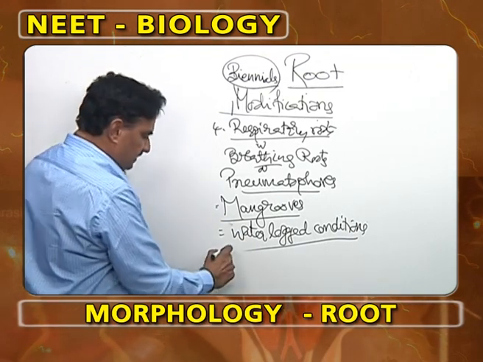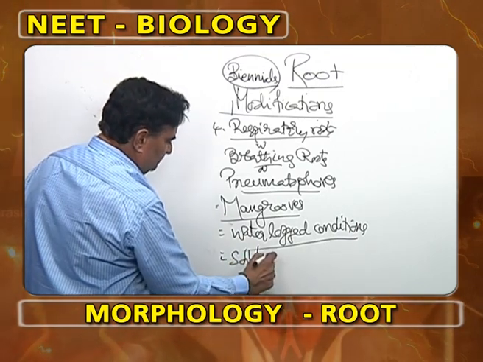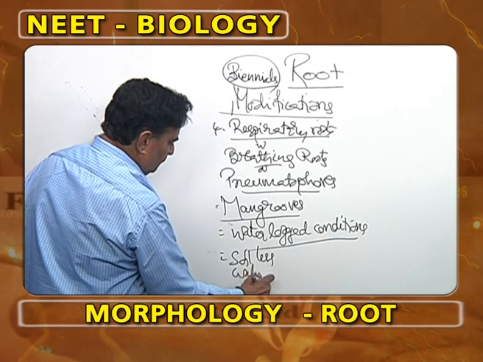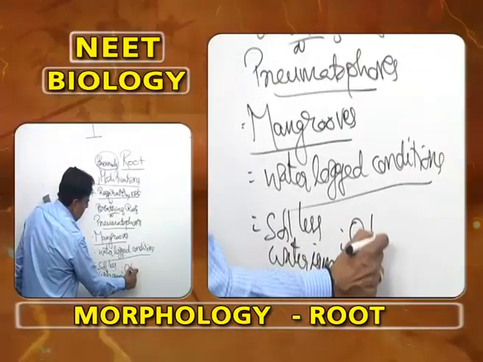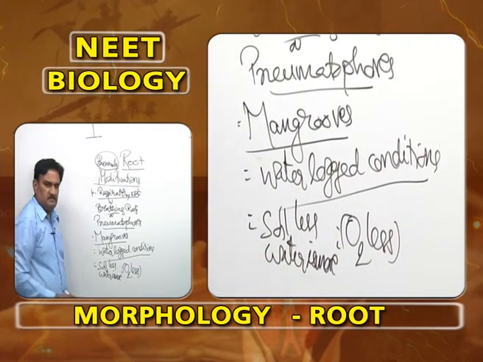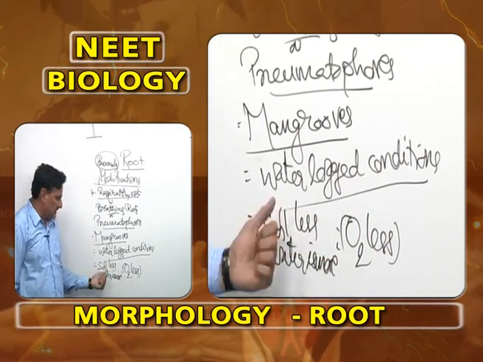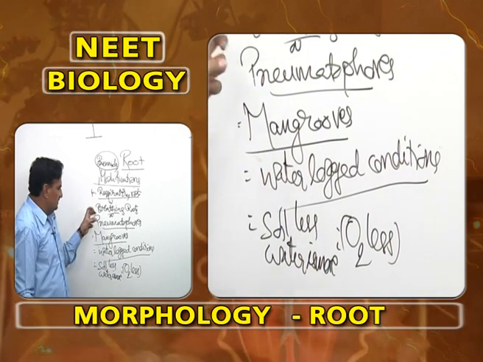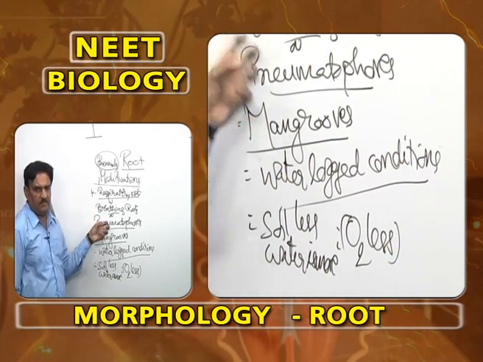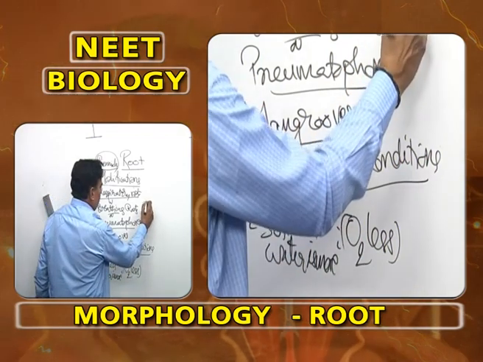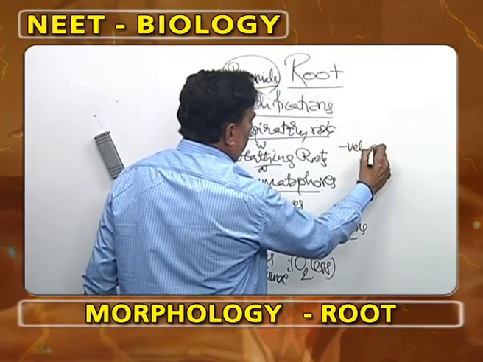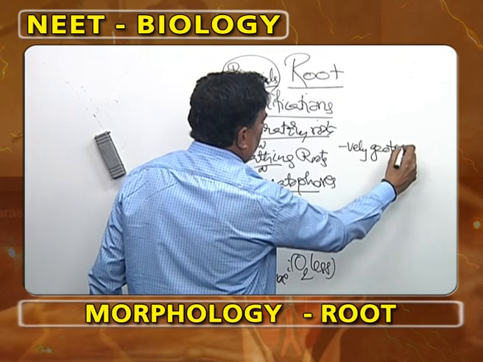Waterlogged condition means soil is less, water is more. Whenever water is more, oxygen will be definitely less. So normal root system cannot get enough oxygen from the soil. For that purpose, these plants develop some special negatively geotropic roots.